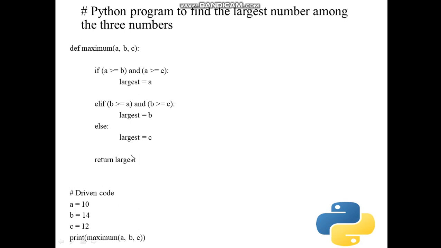And here I'm returning largest. Now when I'm calling the function, I have to pass the values here. So either you pass directly print maximum 10, 14 and 12, or you can write a equals 10, b equals 14, c equals 12, and then you can pass in function maximum of a, b, c. Both are allowed.